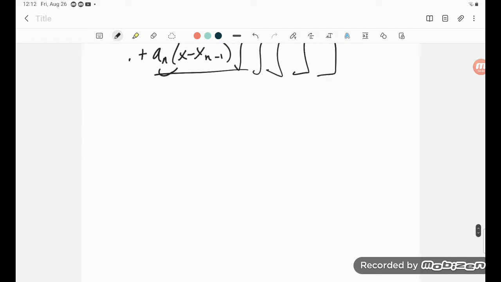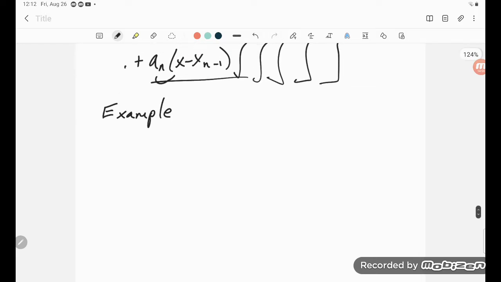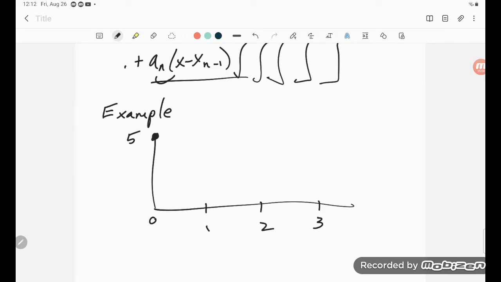Okay, so let's look at an example. Suppose we have 0, 1, 2, 3, and I think I used this example for the Lagrange. We'll have a point here at 5. We'll have a point here at 1.